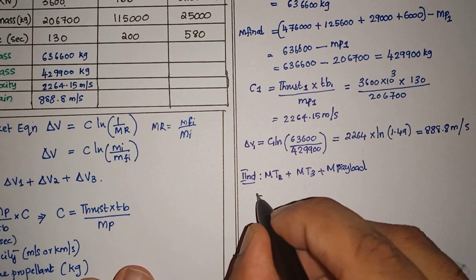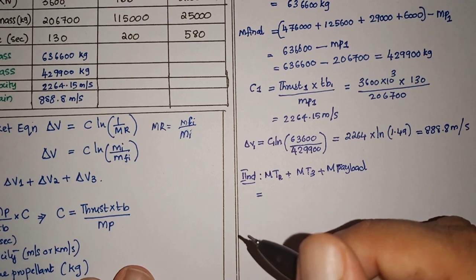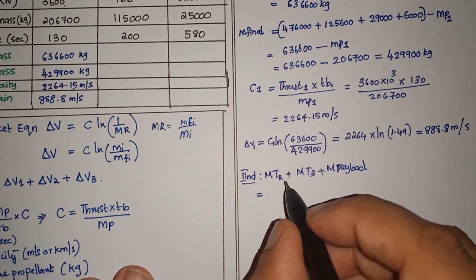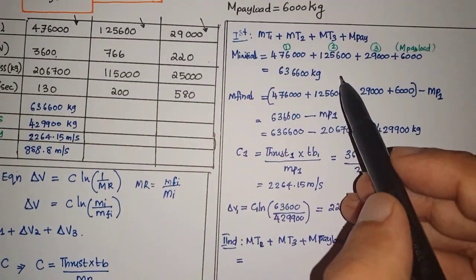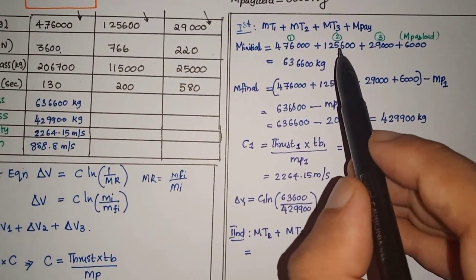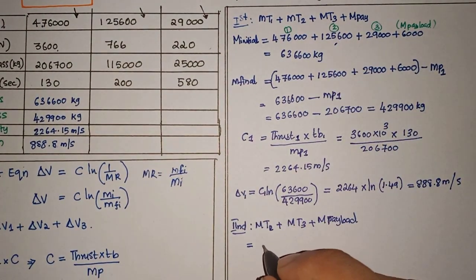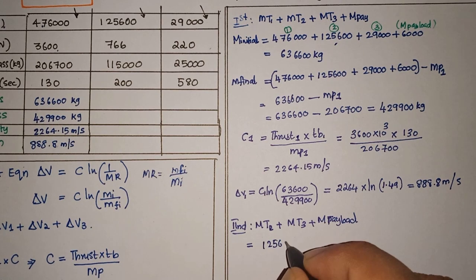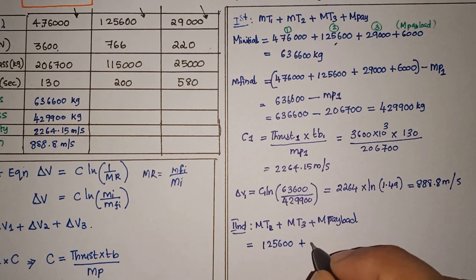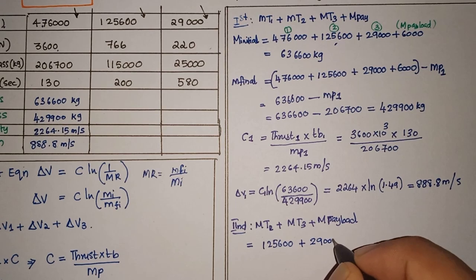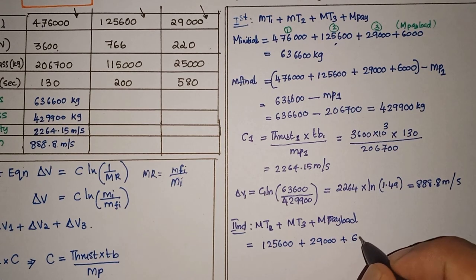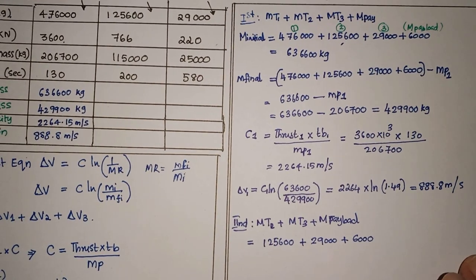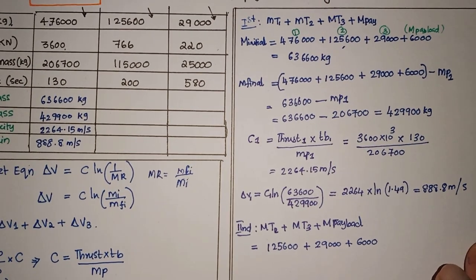So this is going to be somewhere around, if you know that this is for the second stage total mass, I can write here 125600 plus 29,000 plus 6,000, and as the first stage is no longer present, because it's going to wipe off.